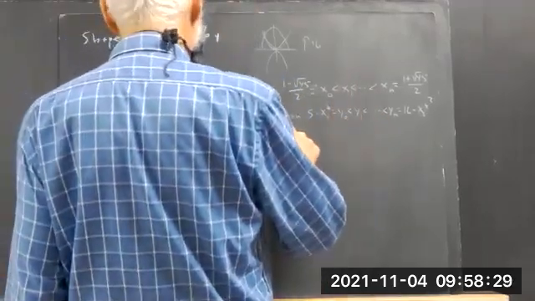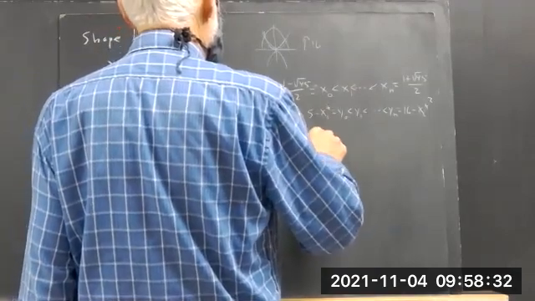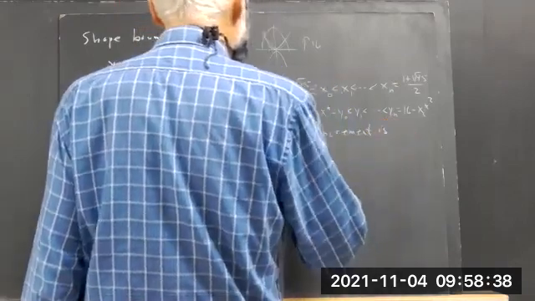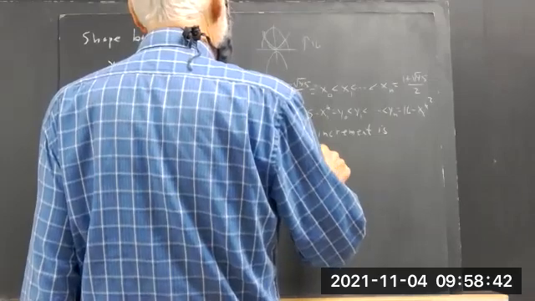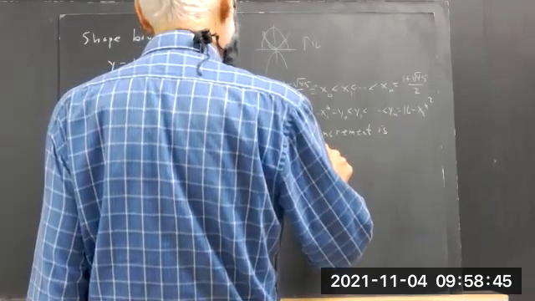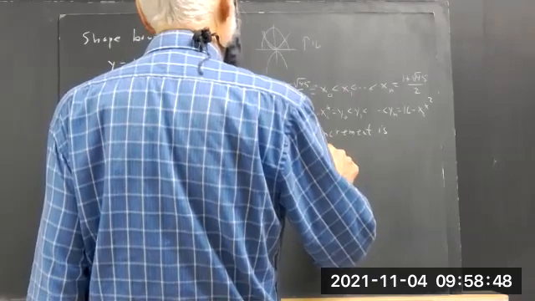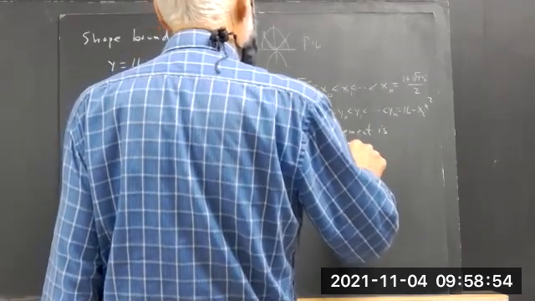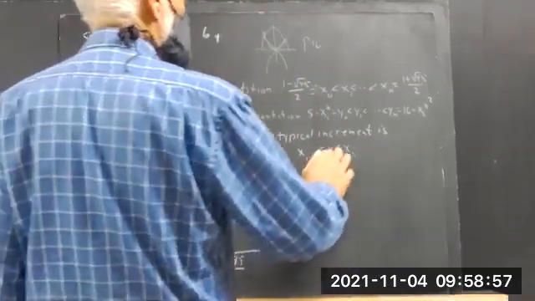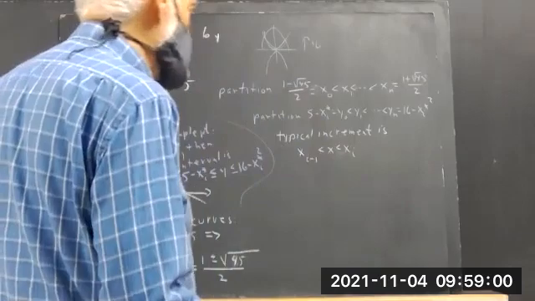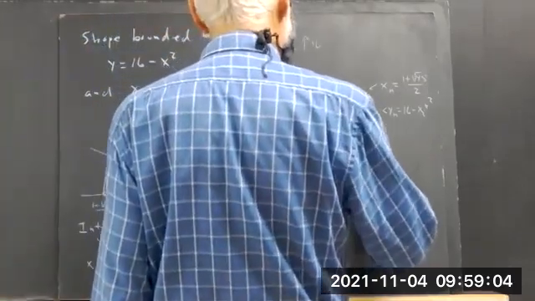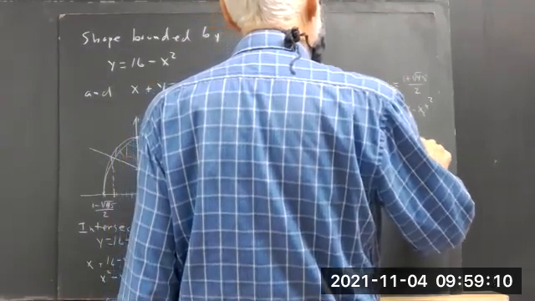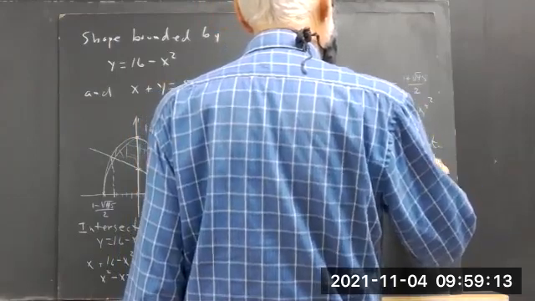But the typical increment is x_{i-1} less than x less than or equal to x_i, with the sample point xi star.